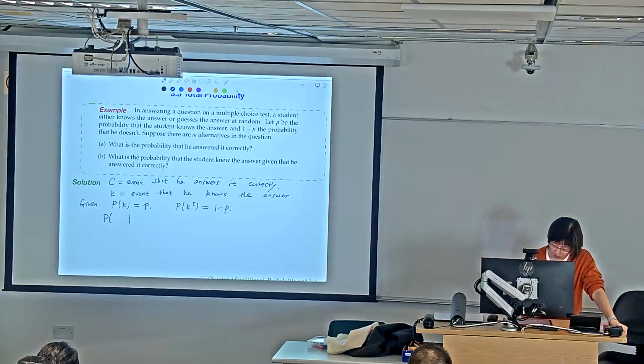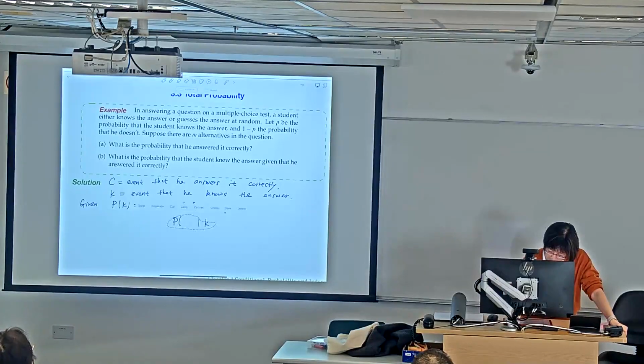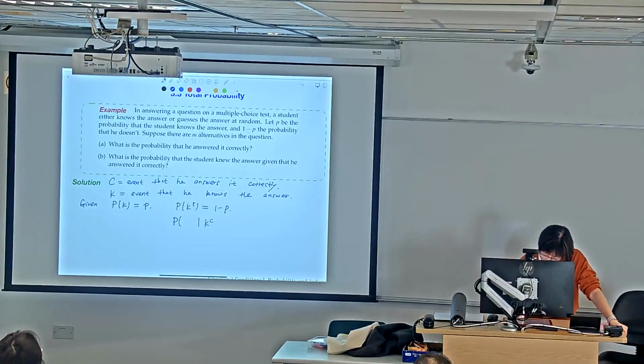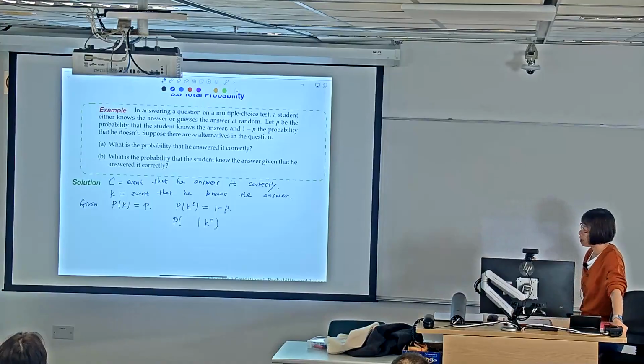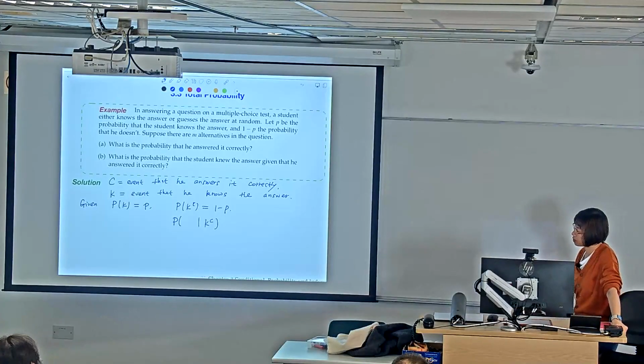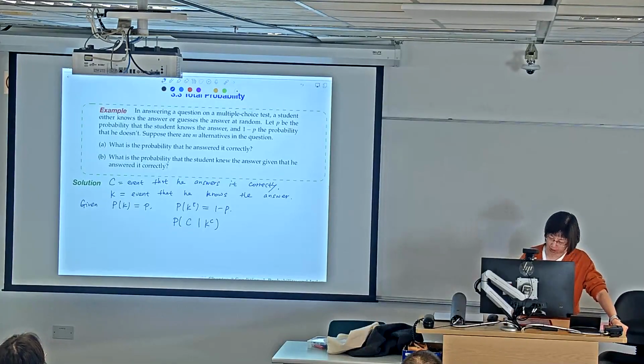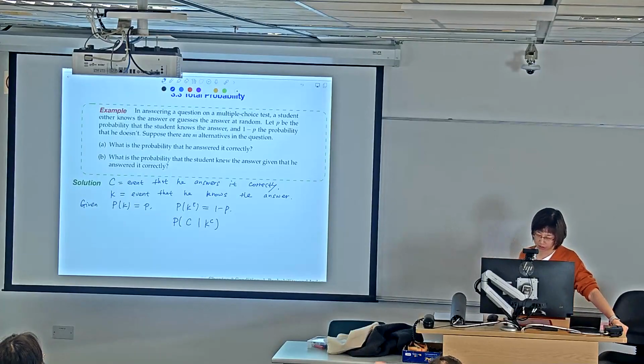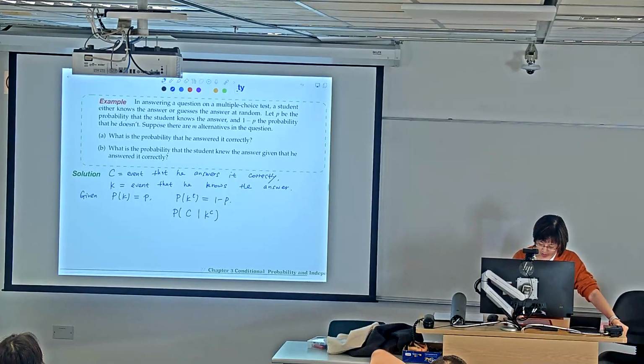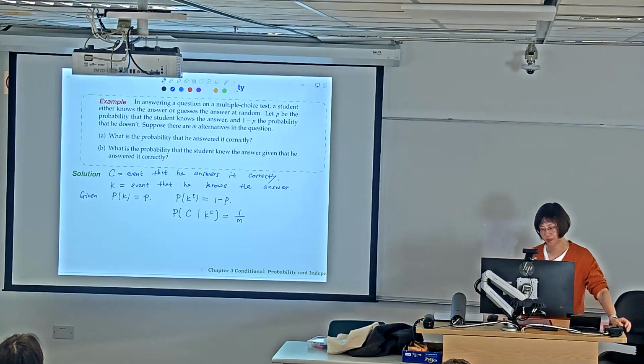Given that this event K complement occurs, he does not know the answer, the chance that he answers correctly is this: he will guess the answer at random. He will choose one of the m choices equally likely, so this chance is 1 over m.